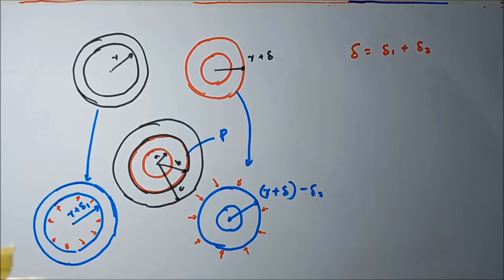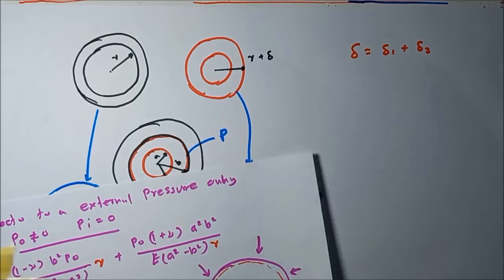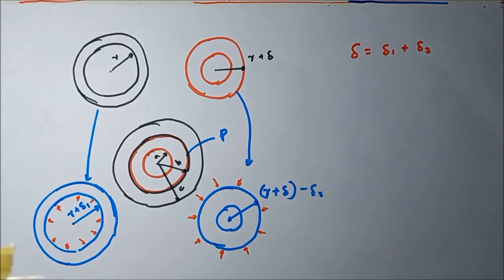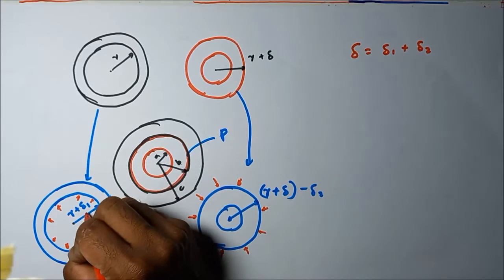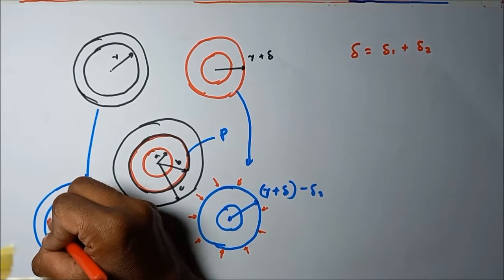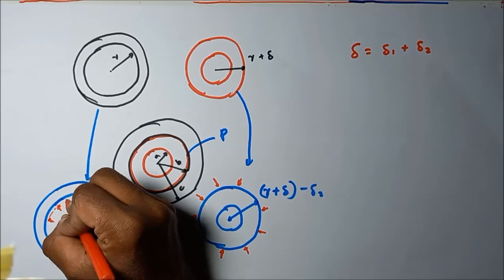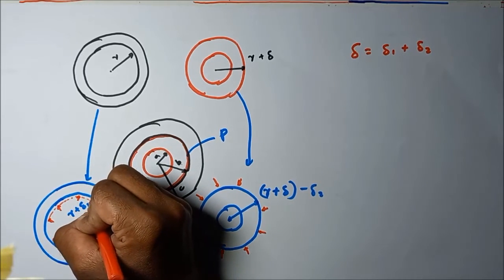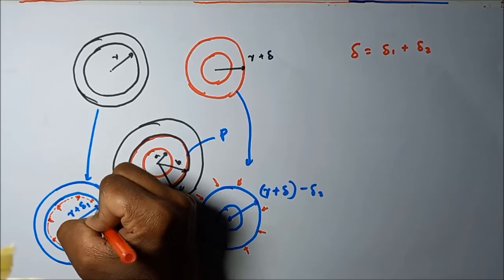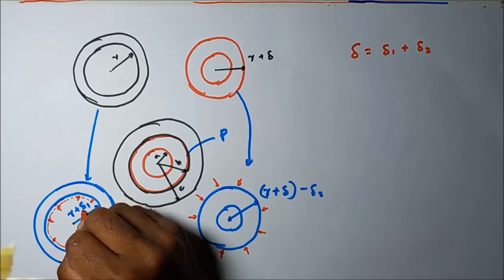So I'm going to use the displacement equations we obtained previously to calculate delta 1. That means this surface has expanded by delta 1. Before shrink fitting, this surface is at r, but after shrink fitting it expands to r plus delta 1.